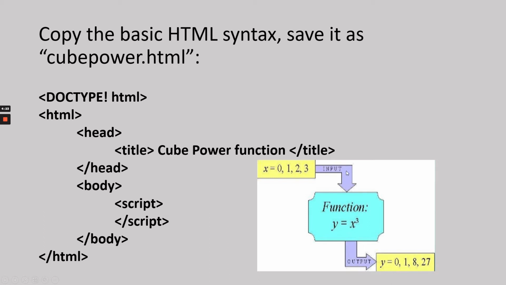If the input for this function is 0, 1, 2, 3, the output is going to be 0, 1, 8, 27. So actually we just don't know what exactly the code inside this function is. We just input something and we get this output. So this function is like a black box.